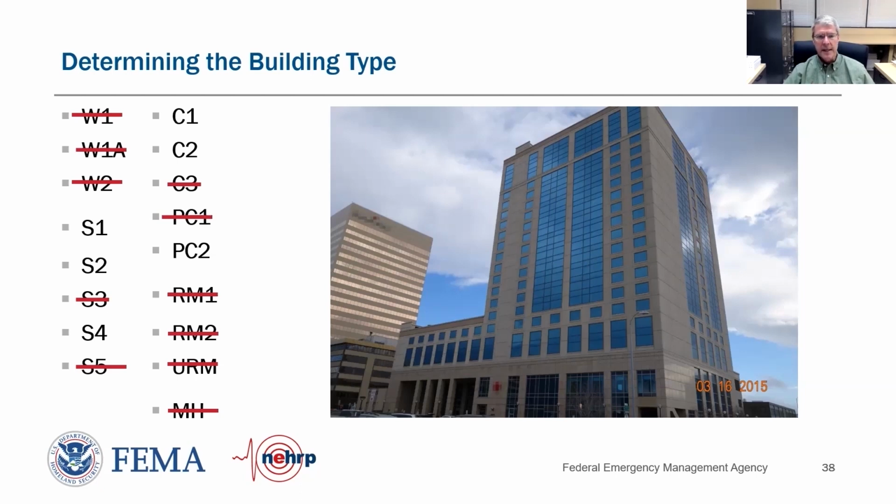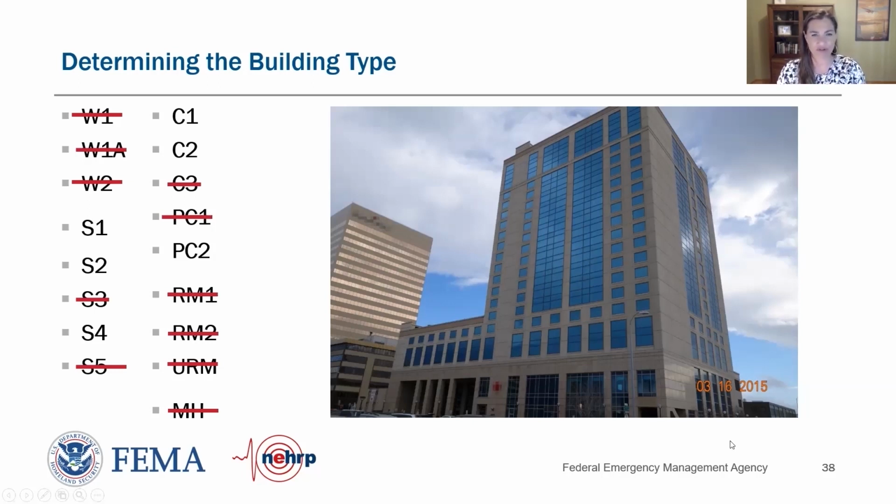But what are some of the telltale signs that we saw as we walked around the building to allow us to hone in more closely on what type of building this is? Well, we see the flat spaces with no windows, which indicates that the lateral system is probably back there, and it probably is obstructing where windows would go.